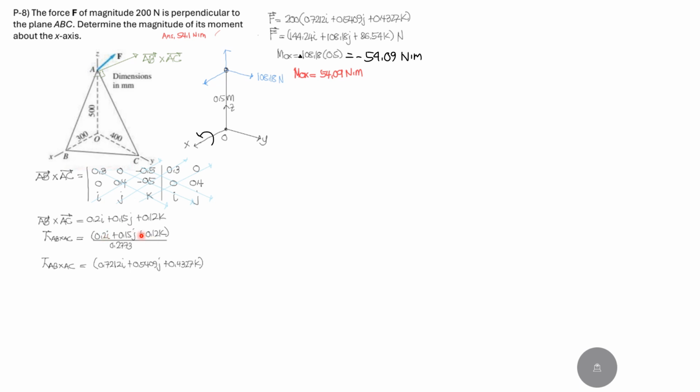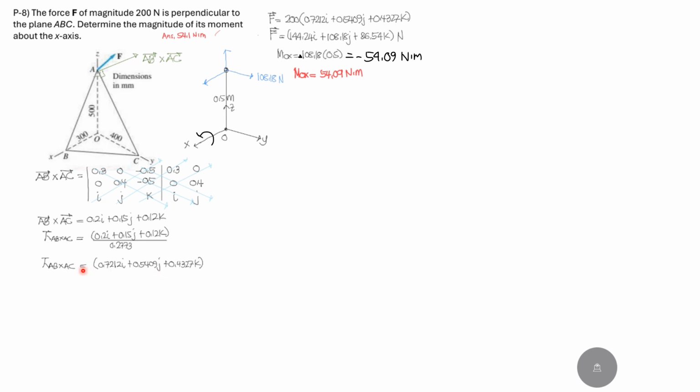Then the unit vector perpendicular to the plane of ABC is obtained by dividing this AB cross AC with the magnitude, which is square root of 0.2 squared plus 0.15 squared plus 0.12 squared. And that is in decimal 0.2773. Simplifying, 0.2 over 0.2773 is 0.7212i, 0.15 over 0.2773 is the j value, 0.12 over 0.2773 is 0.4327k.